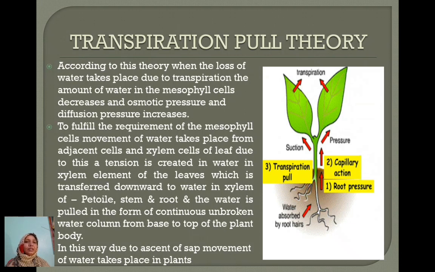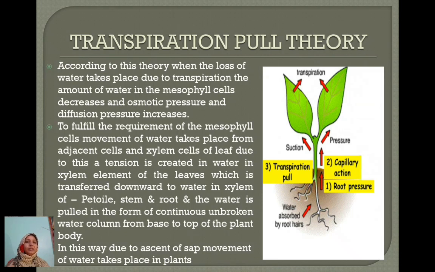According to this theory, when loss of water takes place due to transpiration in the leaf, the amount of water in the mesophyll cells decreases, and there is an increase in osmotic pressure as well as diffusion pressure.